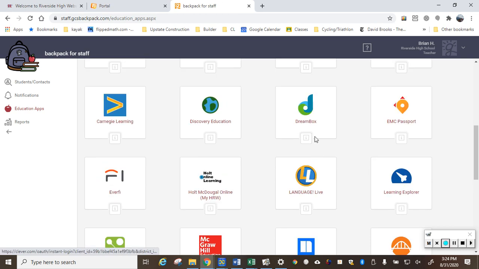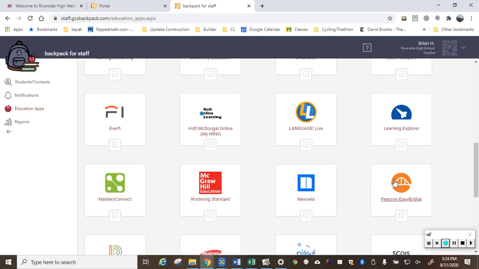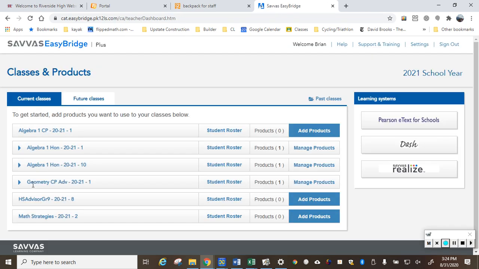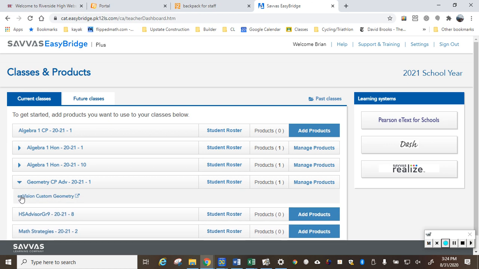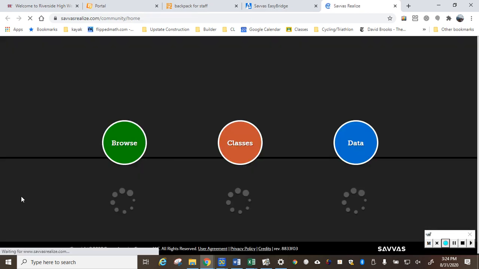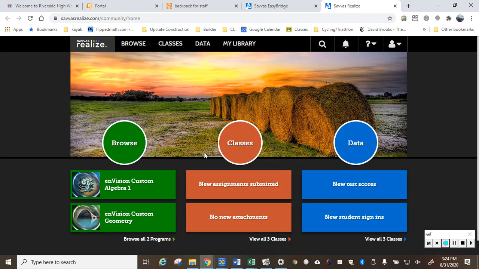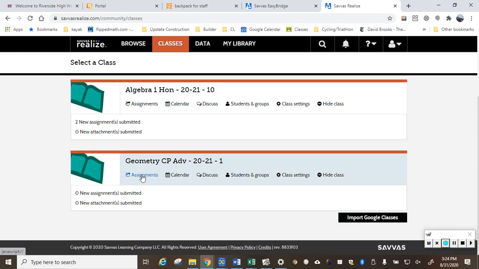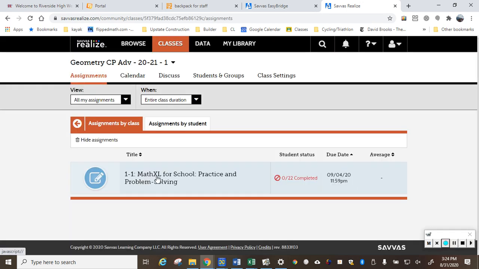You're going to scroll down to this Pearson Easy Bridge. Sign in, and you're going to see your class. If you open this up, it opens up the book itself, Envision Custom Geometry. It's probably been a long day so far. Go to your classes, and you'll see that you have an assignment here. Click on the assignments, and this is what you'll be working on. Again, due Friday.